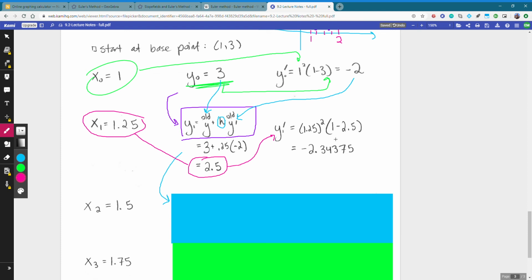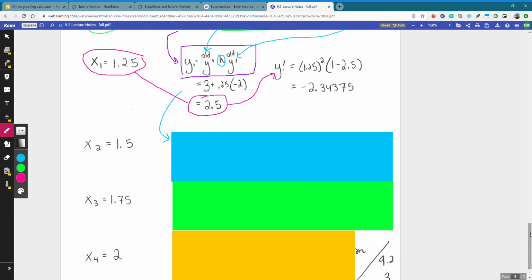Once we have that, we can then put the pieces together and find a new y value and continue iterating. So at this point, pause the video and see if you can work through this algorithm and get our next 3 y values and see how it goes.